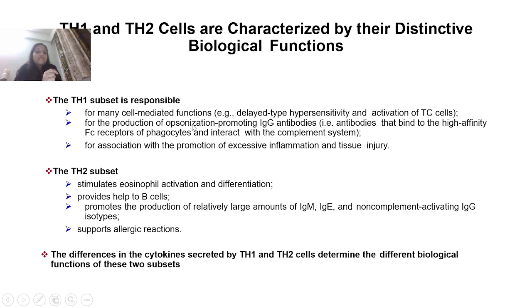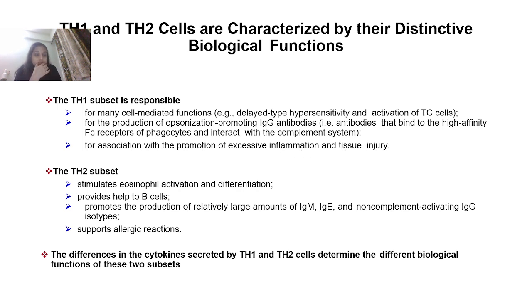And for the production of opsonization-promoting IgG antibodies, like antibodies that bind to the high affinity Fc receptors of phagocytes and interact with the complement system, and for association with the promotion of excessive inflammation and tissue injury.